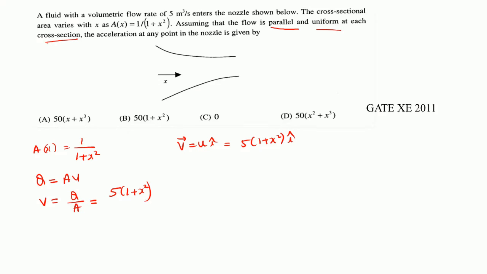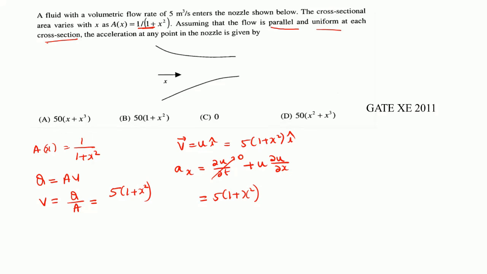Now the acceleration a x is given as dou u by dou t, which is going to be 0 because there is no time dependent term here, plus u into dou u by dou x. There is no v here, correct? So what is u? u is 5 into 1 plus x square, correct? And what is dou u by dou x?